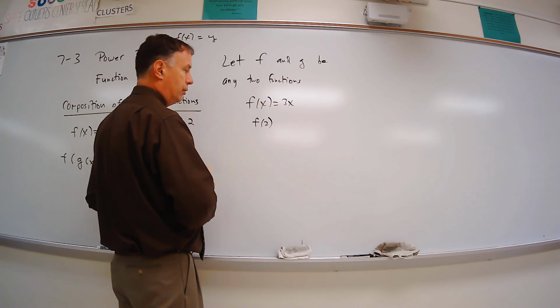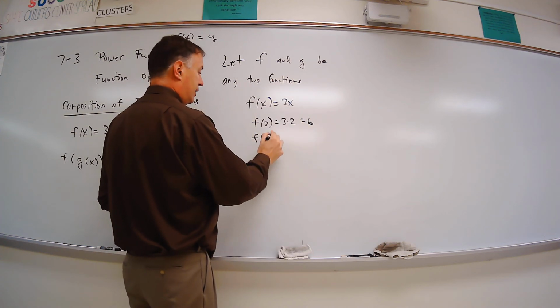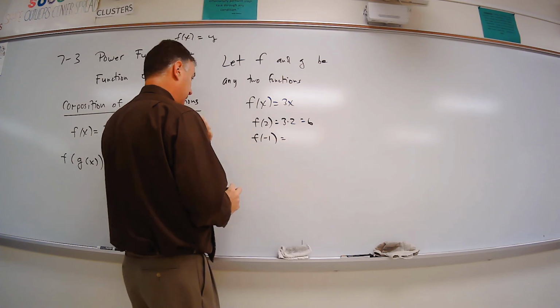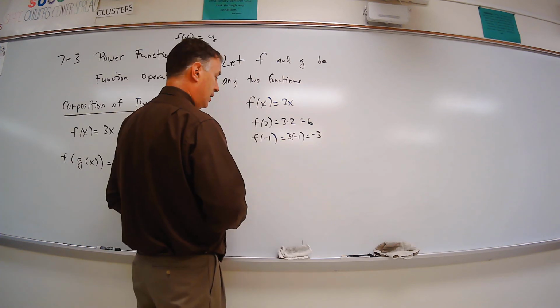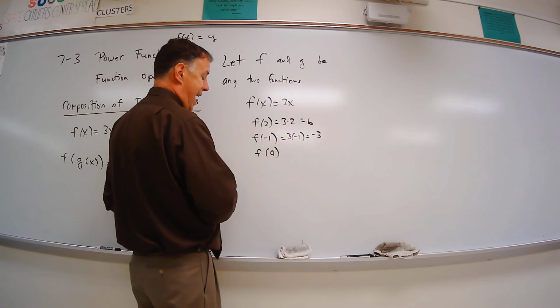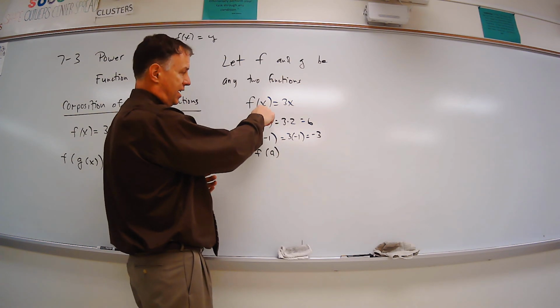Whatever's in parentheses we multiply by 3, so this would be 3 times 2, or 6. If I said f of negative 1, wherever you see an x, you multiply by 3, so this would be 3 times negative 1, which is negative 3. So if I told you to find f of a, again, whatever's in parentheses I multiply by 3, so this is going to be 3 times a.